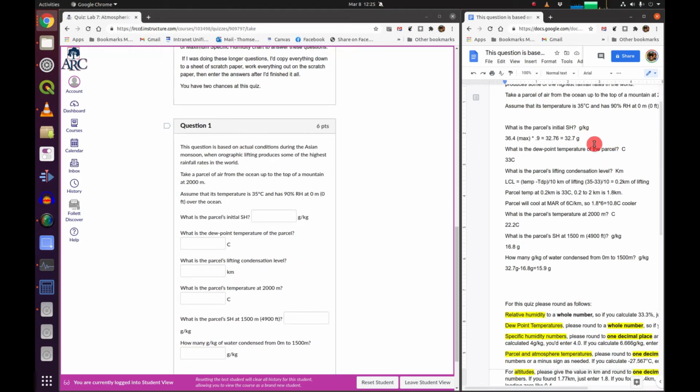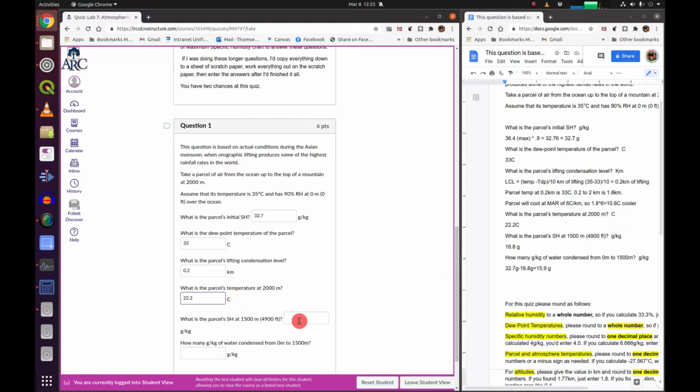So the parcel's initial specific humidity is 32.7 grams. The dew point temperature is 33 degrees Celsius. The lifting condensation level is 0.2 kilometers. The parcel's temperature at 2,000 meters is 22.2 Celsius.